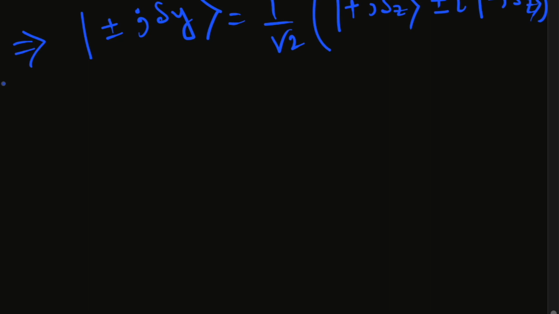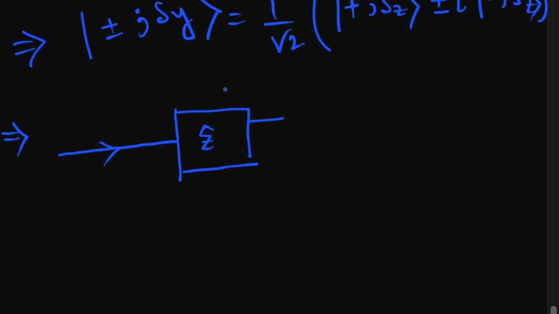And now we can ask a question: suppose a randomly oriented Ag atom beam is sent into a Stern-Gerlach apparatus in which an external magnetic field is applied in the z direction. After passing through the magnetic field, the beam will be split into two parts.